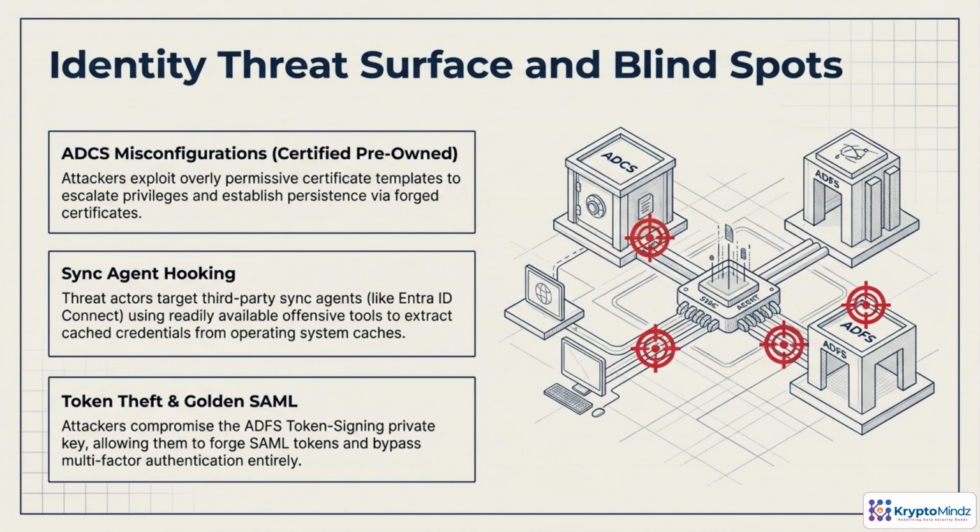Tools like Entra Connect often run with powerful writes and store cached credentials. Malware can hook those processes or scrape memory to steal the sync account and pivot into both on-prem and cloud. Third, token theft and golden SAML. If the ADFS token signing key is stolen, an attacker can mint valid SAML tokens for any user, bypassing MFA and conditional access as if they were your identity provider.